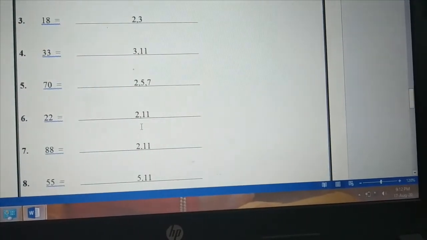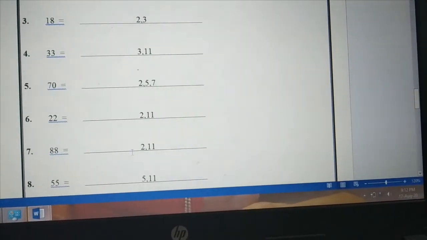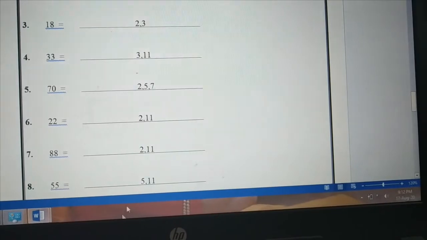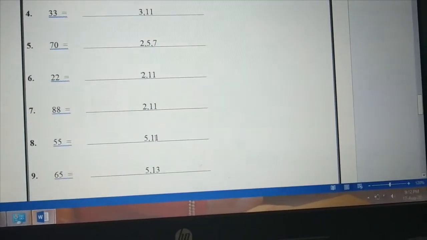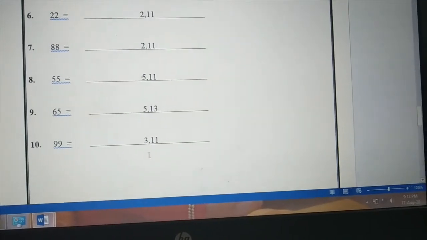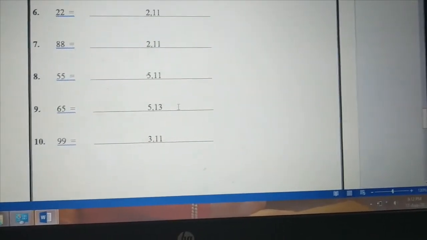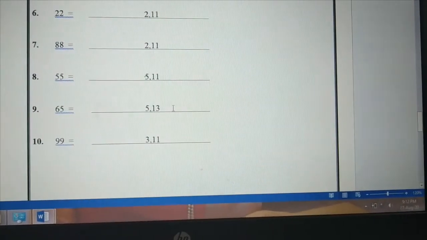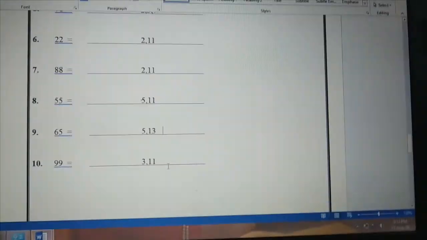For 22 the prime factors are 2 and 11, and also for 88 the prime factors are 2 and 11. For 55, 5 elevens are 55, so 5 and 11 are the prime factors. For 65, 5 thirteens are 65, and so the factors are 1, 5, 13 and 65, and 5 and 13 are the prime factors. For 99 the prime factors are 3 and 11.